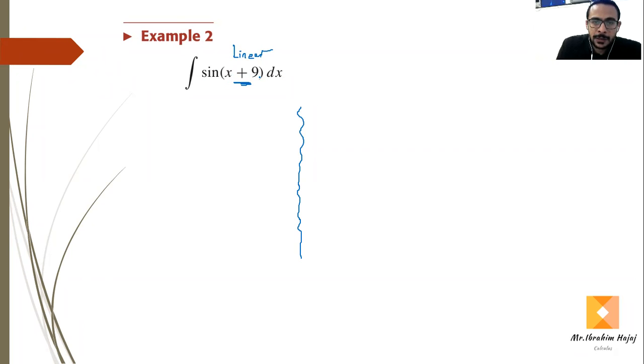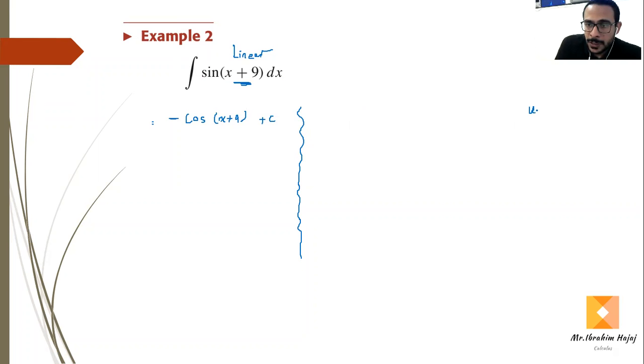If it's not linear, you have only one way, which is the substitution method. Again, x plus 9 is linear, so we can solve directly by the original way. The integral of sine is negative cosine of x plus 9, over 1 because the coefficient of x here is 1, and then plus c, and finished.